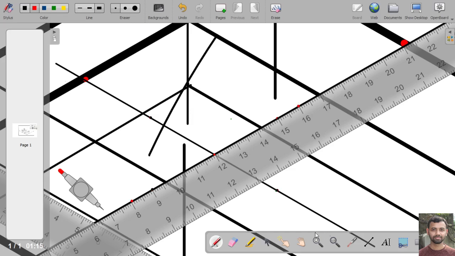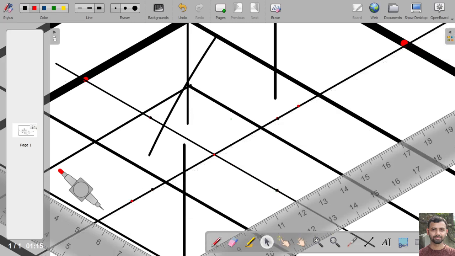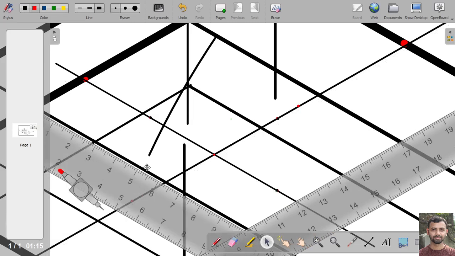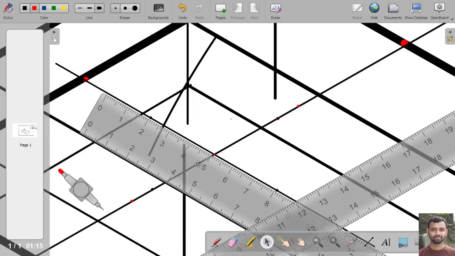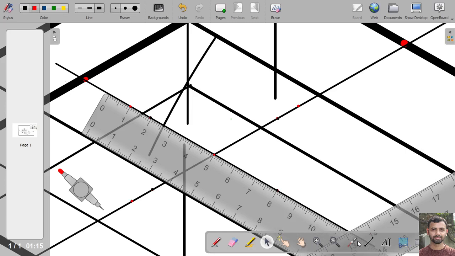Now this is another scale. Here also the same thing. 10, 20, 30, 40. So up to this point, 10, 20, 30, 40. So up to this point. Okay.